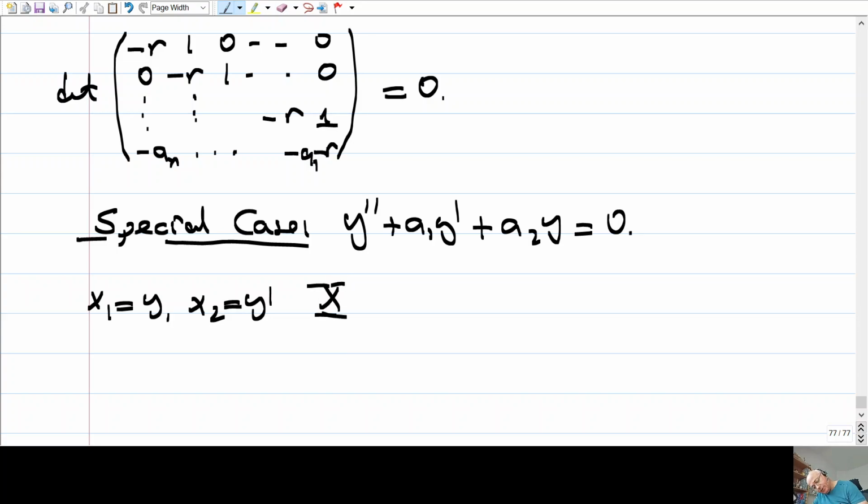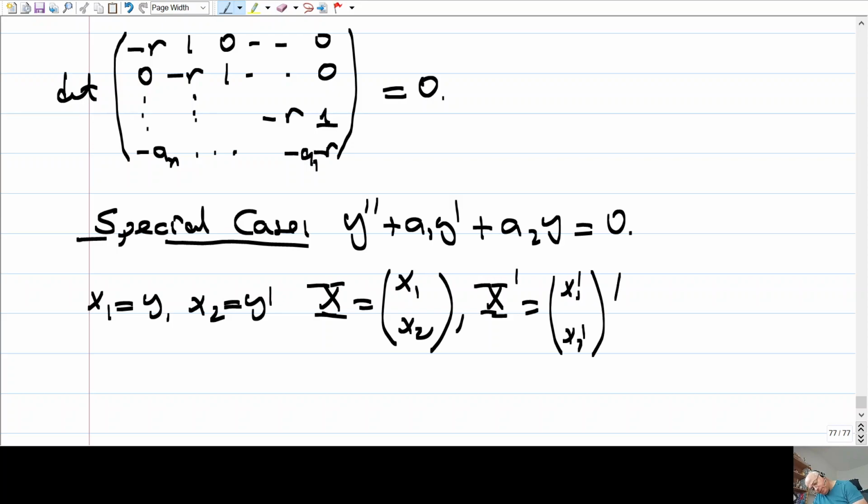Okay, so x is just x1, x2. So x prime is just x1 prime, x2 prime, and it will be 0, 1, and then minus a1 minus neydi? Neyse şöyle yazayım daha iyi olacak.